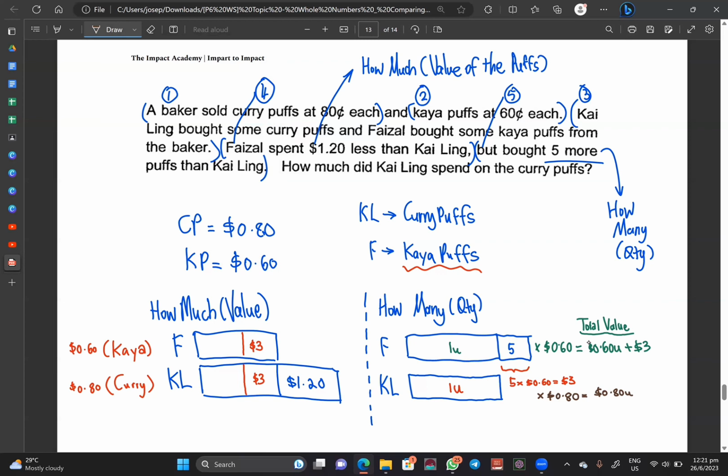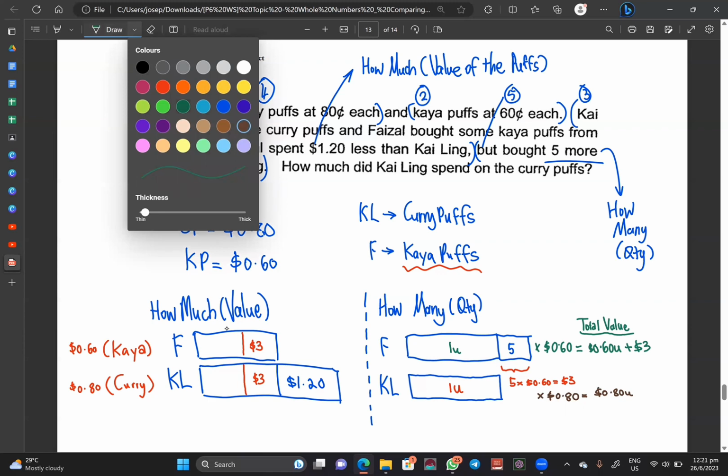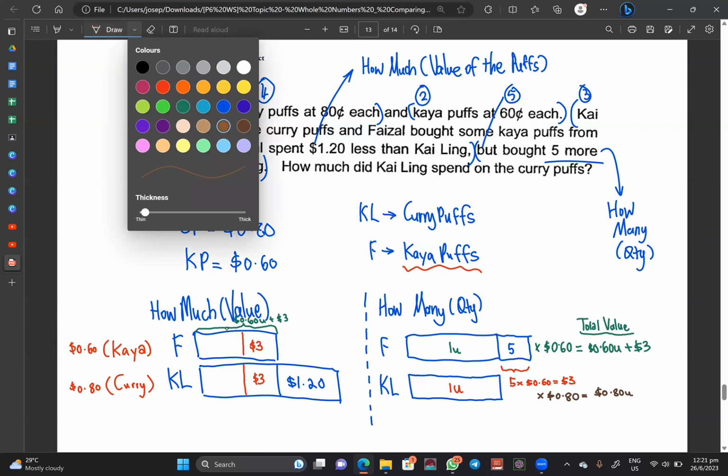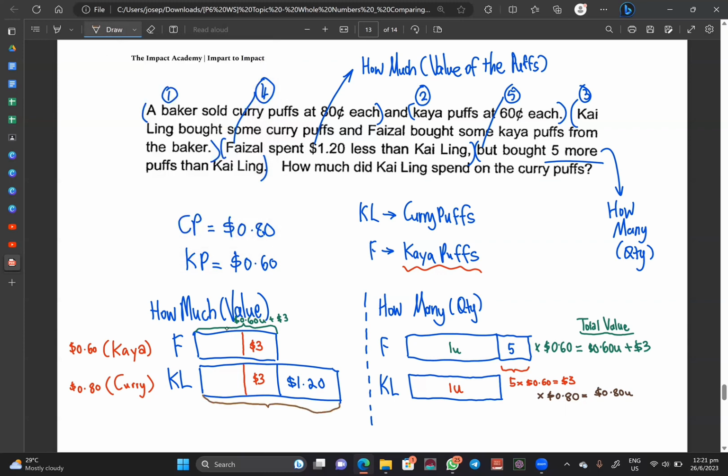If I were to transfer this over to my value model, what I can confidently write down is this: since that is the total amount, the whole thing over here will be 60 cents units plus $3. And we know that the whole thing for Kailing will then be 80 cents units.